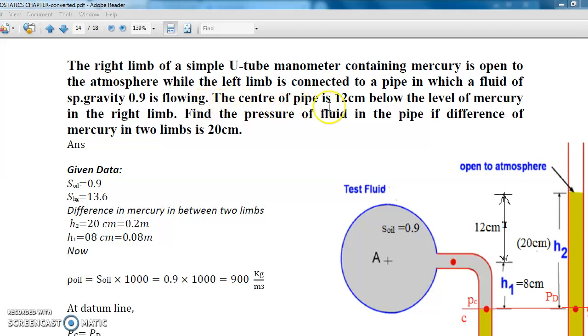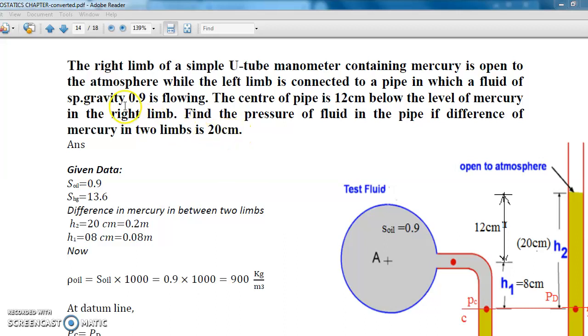The center of the pipe is 12 centimeter below the level of the mercury in the right limb. Find the pressure of the fluid in the pipe if the difference of mercury in the two limbs is 20 centimeter.